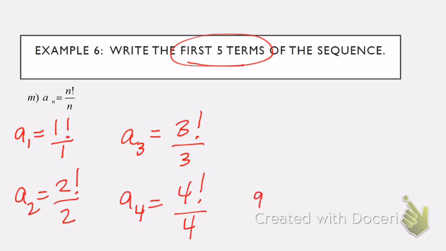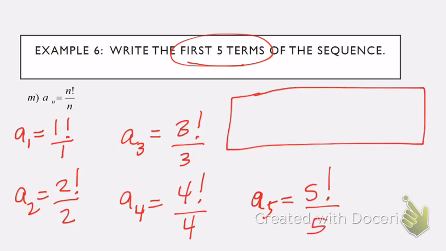And the fifth term will be 5 factorial divided by 5. Plugging all of this into your calculator gives you final answers of 1 for the first term, 1 for the second term, 2 for the third term, 6 for the fourth term, and 24 for the fifth term.